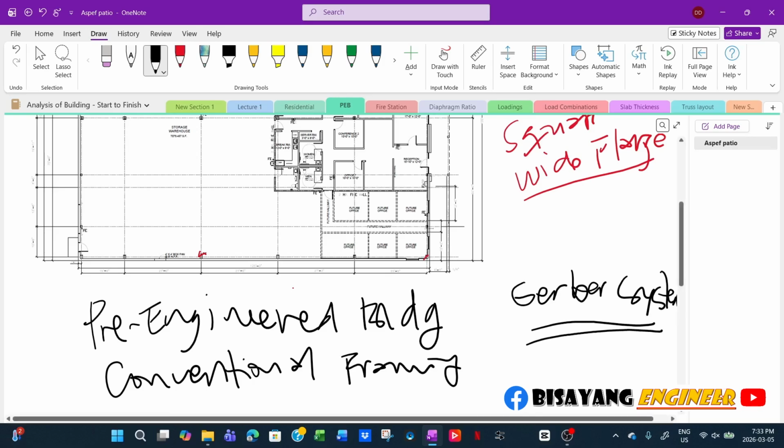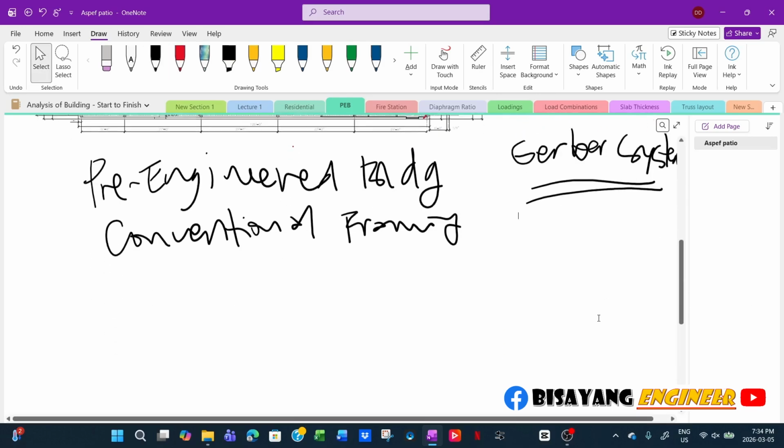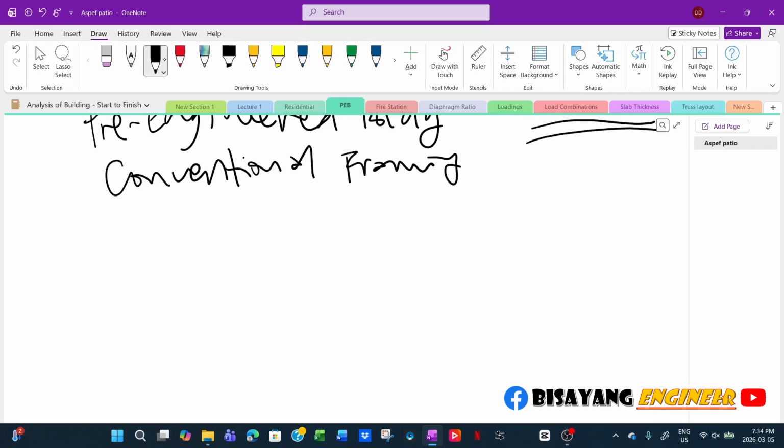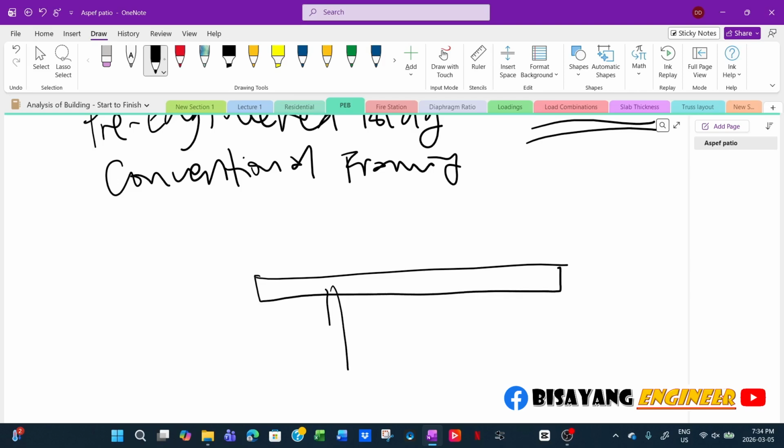Now, we already had the Gerber system before, when I was still working at the outsourcing company. What it means, if you remember at school, is you will be given a beam here, and then you will have two supports.